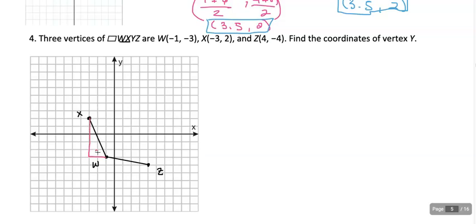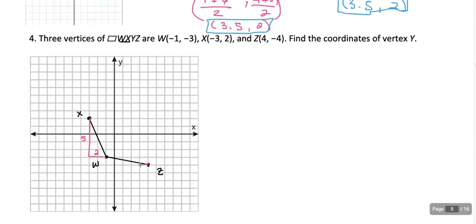So this is left 2 and up 5 if I'm going up, or down 5 and right 2 going down. I need to make sure the same thing is happening from this coordinate to my next one. If I follow that same pattern, going left 2 and up 5, I should be able to get Y that way too.